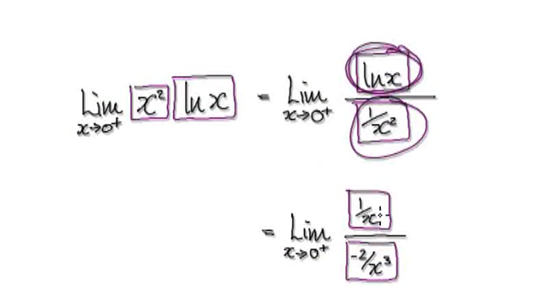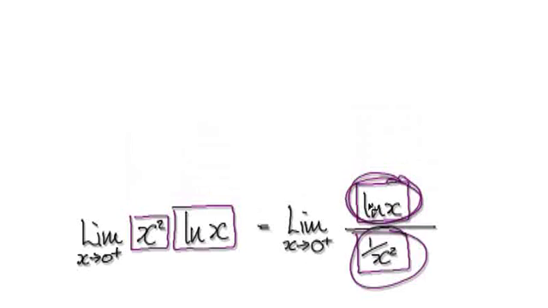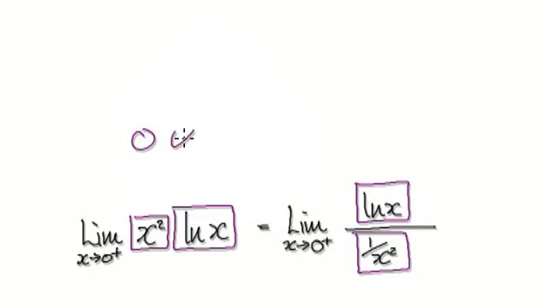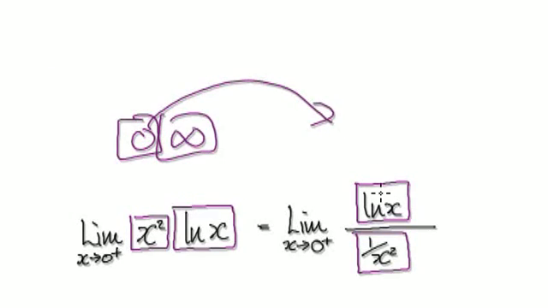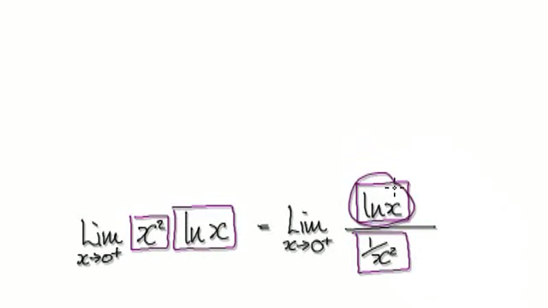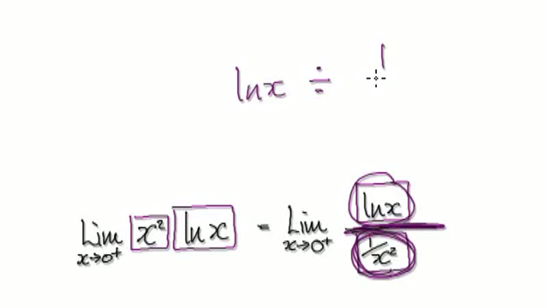Start again, sorry. Whenever you have a case where you have 0 times infinity, you can always turn a product into a quotient. So you can always rewrite this thing as this thing, because you've got natural log of x divided by 1 over x squared.